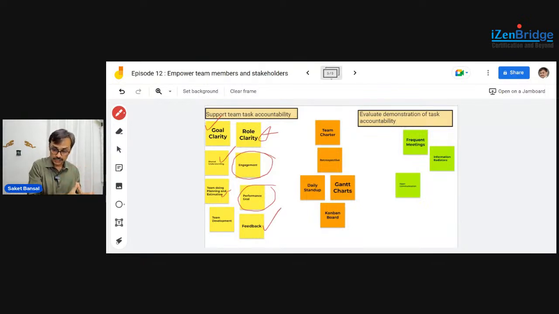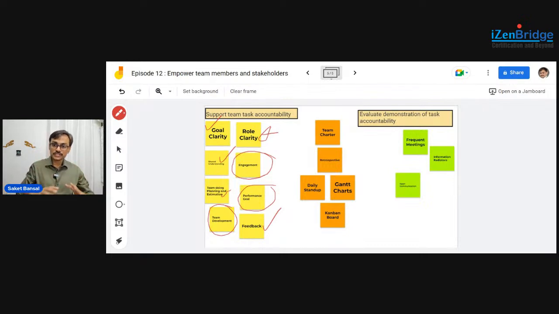Yeah? So I need to have an understanding. I need to have first engagement, clarity about what we are doing, common understanding of our goal, and then with the engagement we identify this is how things will get done, and then we track them. We put a performance goal against it, and if things are not working, we take feedback on it. Yeah, we may do retrospectives and reviews. And overall, if someone or a team requires an improvement, I may do team level coaching. I may facilitate team member level mentoring and coaching as well.